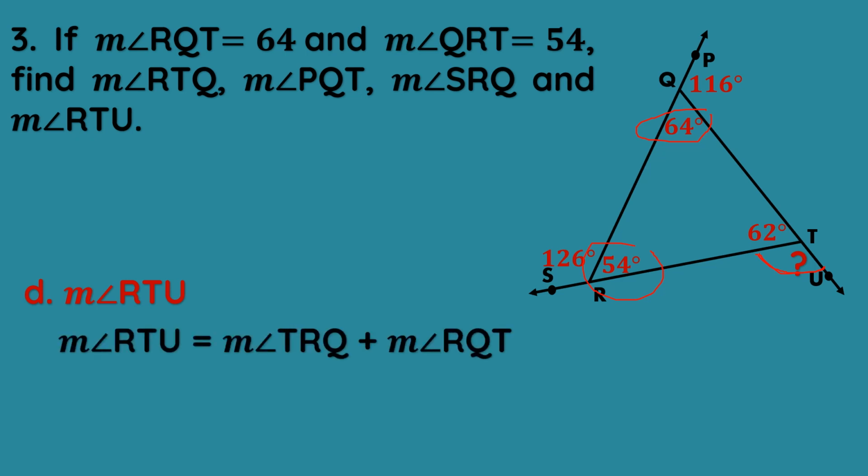The formula is: the measure of angle RTU, the exterior angle, is equal to the sum of the two remote interior angles, which are angles TRQ and RQT. By substitution, angle TRQ is 54 and angle RQT is 64. Their sum is 118. Therefore, the measure of angle RTU is 118.